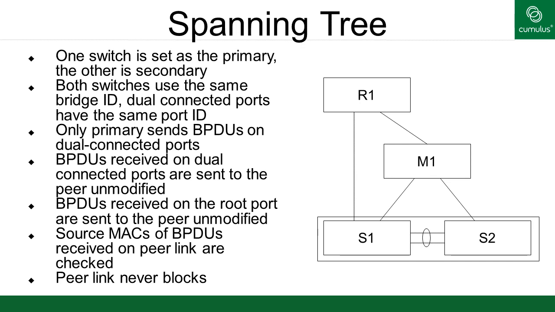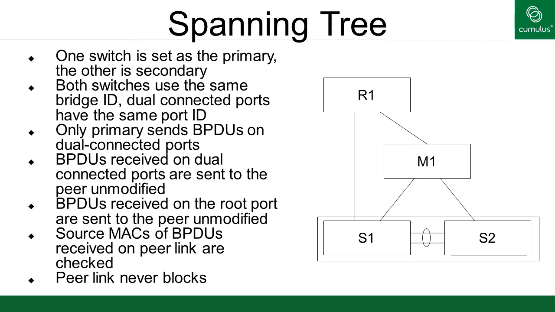And the reason for that is, in this case, M1 is a sort of mid-level switch. We don't want M1 to receive BPDUs from both S1 and S2. That would be confusing. Remember, it thinks it's connected to a single switch, so it gets BPDUs only from one, and we say the one it's going to get them from is S1. So that's one thing we do.